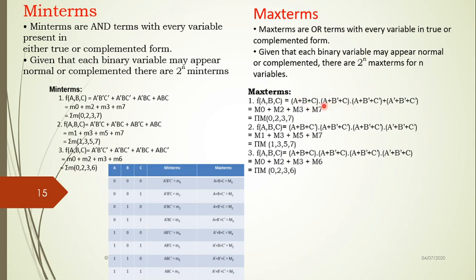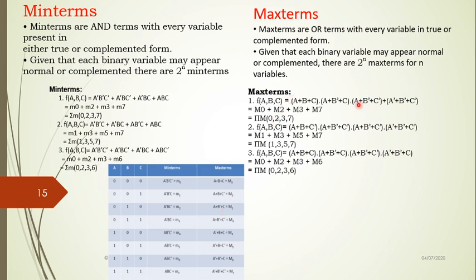Similarly, here we are having a b' c. So we have to look for the complement values over here, which is 0, 1, 0. So 0, 1, 0 represents the second max term. So here the second max term is present.